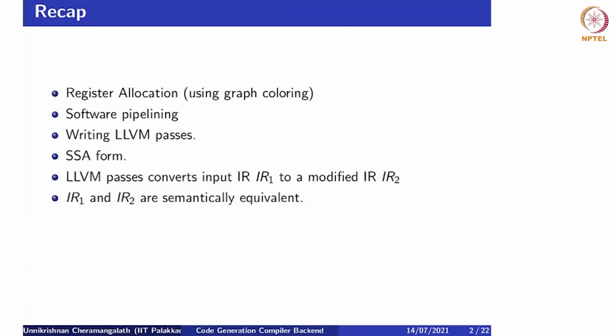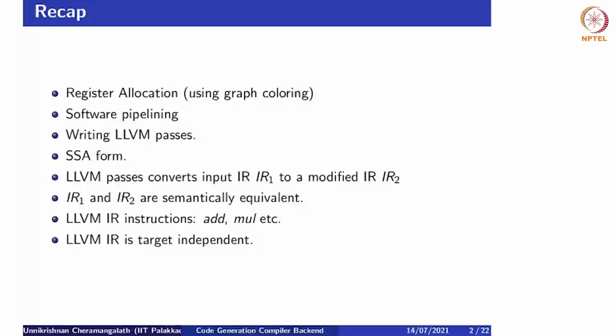LLVM IR has instructions like add, mul, etc. Here the difference with respect to the compiler backend is that add and mul are independent of the target hardware. LLVM IR is target independent. So when we slowly move to the backend, when there are hardware independent IRs, how this last stage of compilation, that is code generation, is done, we'll see in the lecture.